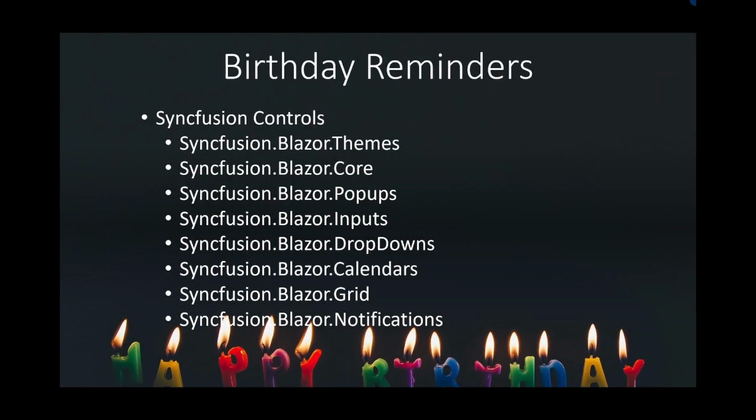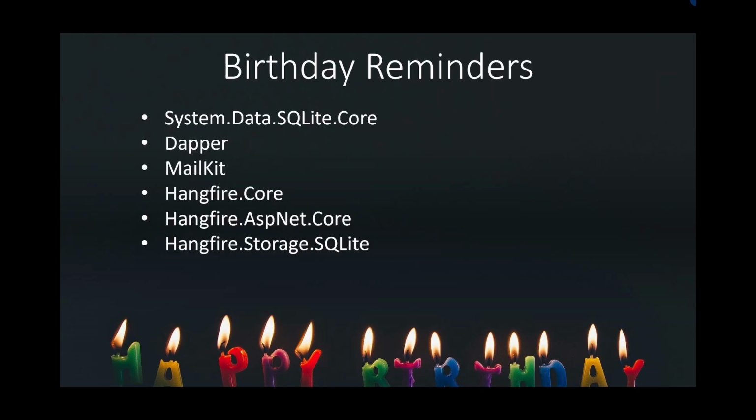The next stage of the setup is to install the NuGet packages. And the NuGet packages we will need are the Syncfusion controls, and I've listed them here. And as well as the Syncfusion controls, we'll also be adding system.data.sqlite.core.